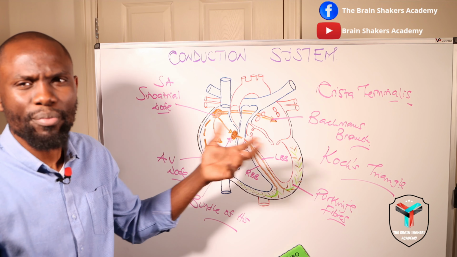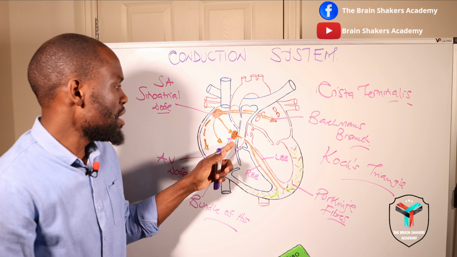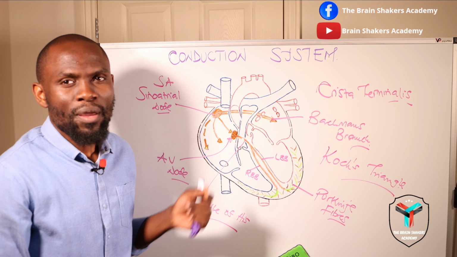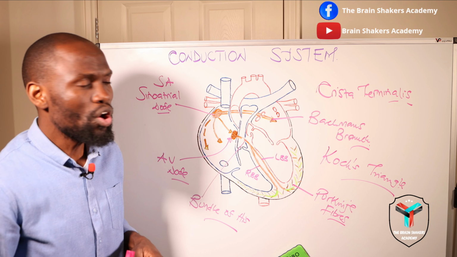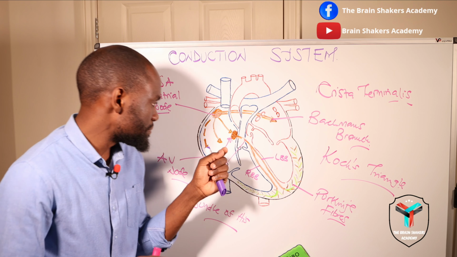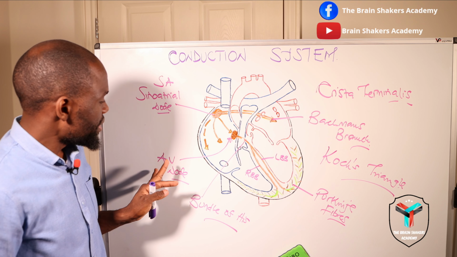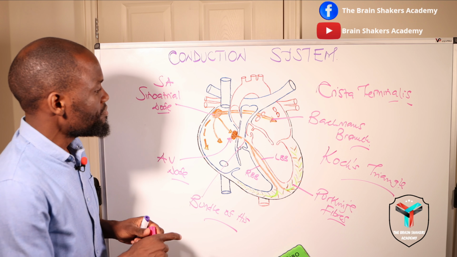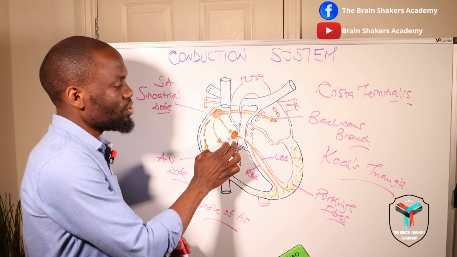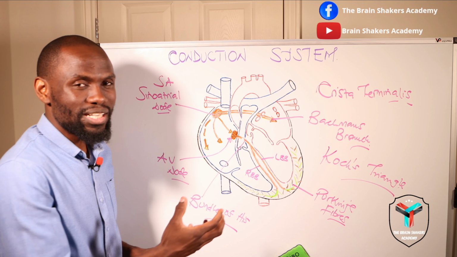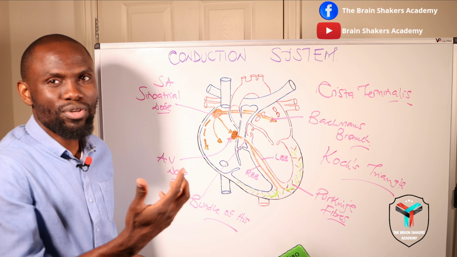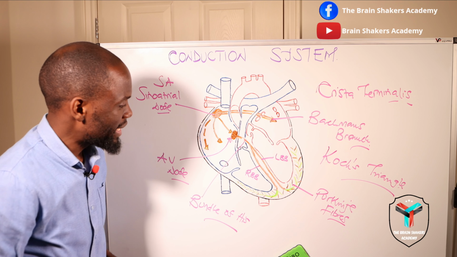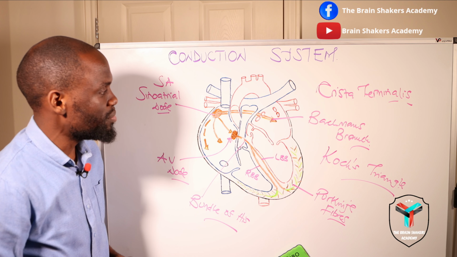The AV node will still be able to generate an action potential because it also possesses cells that have the characteristic of self-excitation. The AV node will only come in as a secondary pacemaker when the sinoatrial node is unable to generate that action potential.